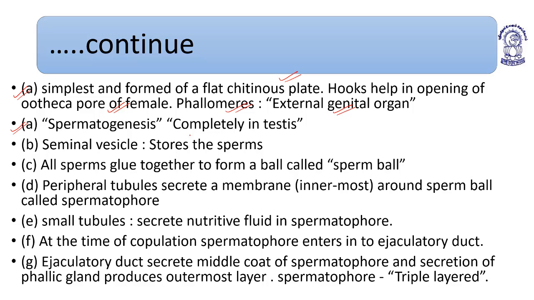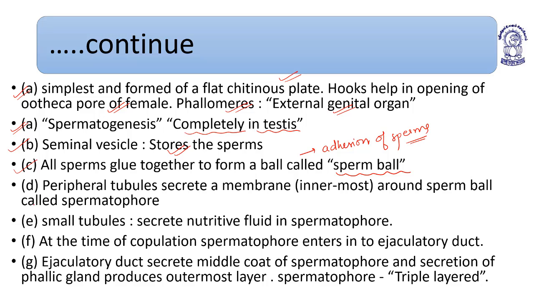Spermatogenesis is completed in the testis. The seminal vesicle helps to store the sperms for a transitional period. All the sperms glue together to form a ball called the sperm ball. There is an adhesion of sperms to form a sperm ball.